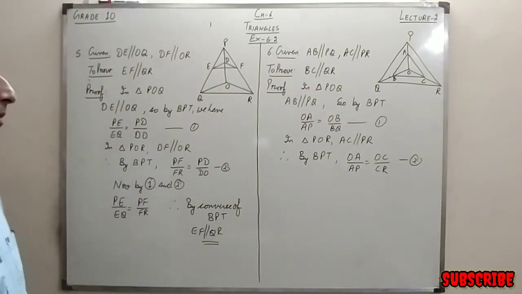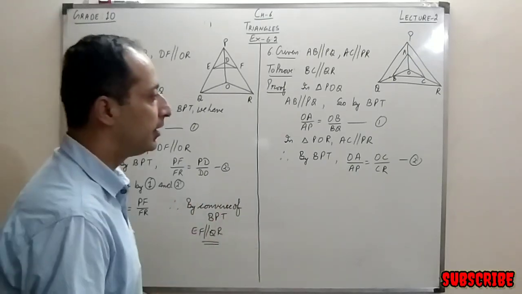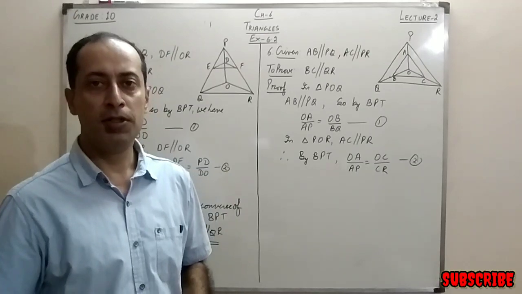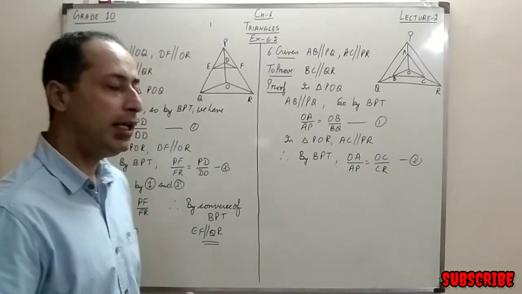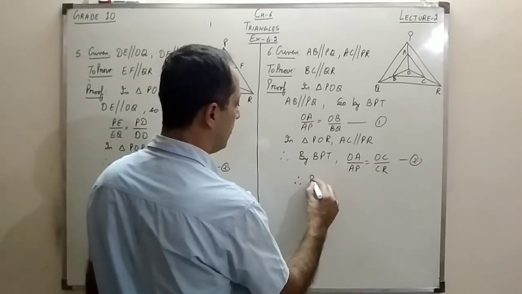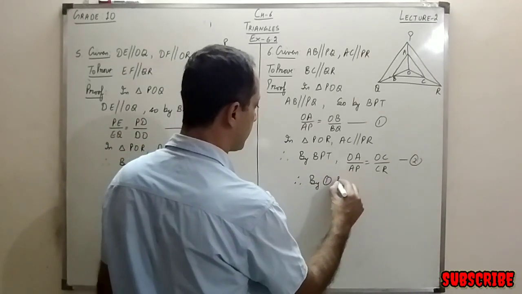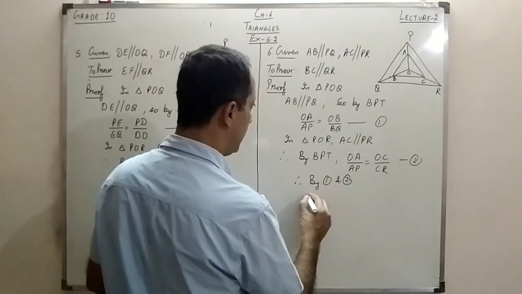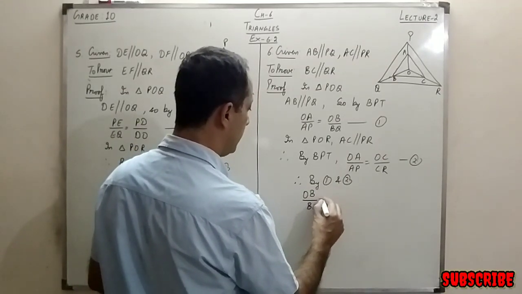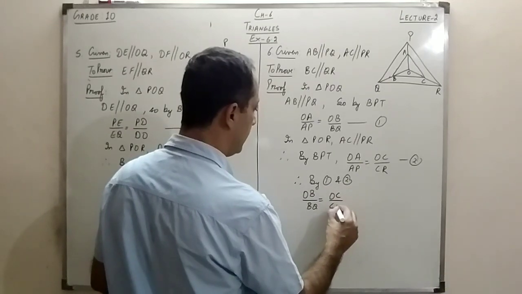Now again, as we did in the previous question, we can see that the left sides of equations 1 and 2 are both equal. So it means the right sides will also be equal. So I say therefore by 1 and 2, OB upon BQ is equal to OC by CR.